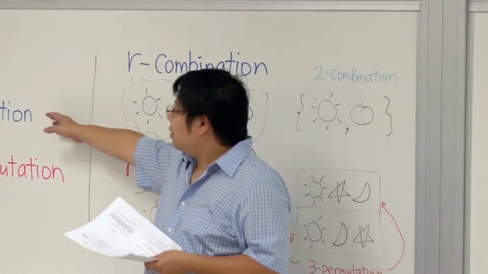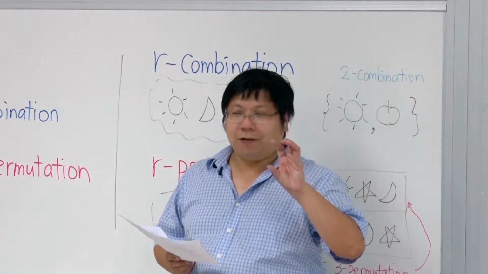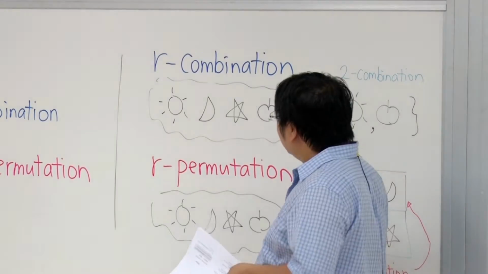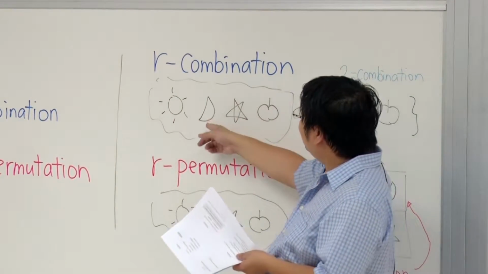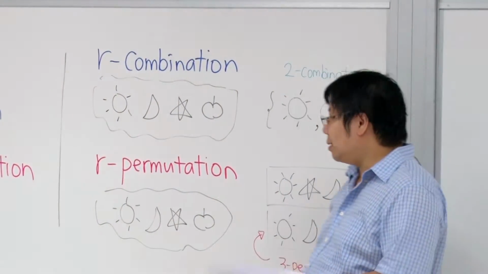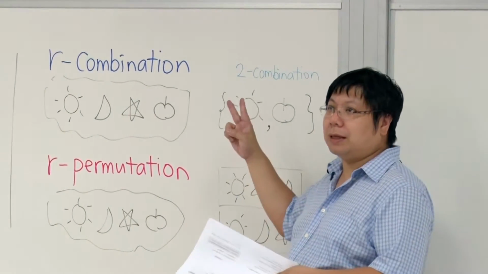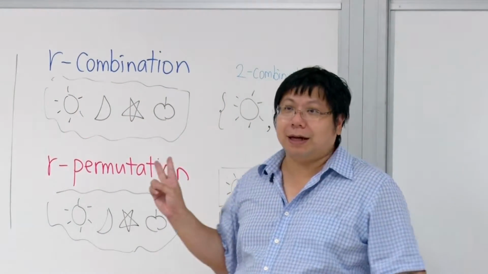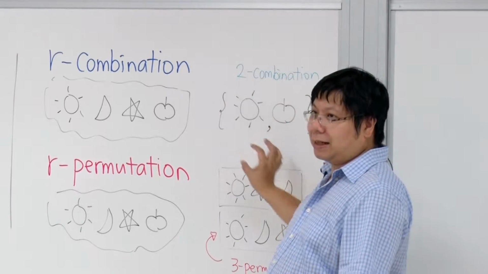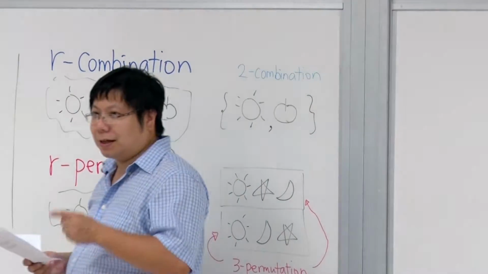When we talk about combination or selection, the ordering of the items that you select does not matter. For instance, let's say we have a sun, a moon, a star, and an apple. If we want to select 2 things, say the sun and the apple, then whether it is sun and apple or apple and sun, they mean the same thing. This is one way of selecting 2 items from these 4 things. So this is the combination problem.